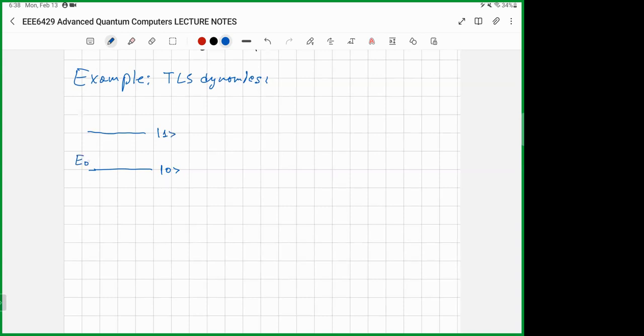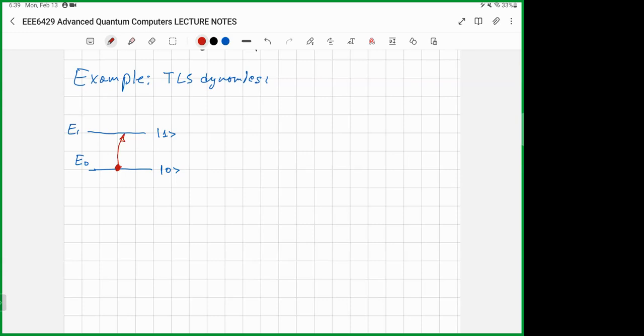I mean, its dynamics. So the qubit consists of two levels, level 0 and level 1. The level 1 is the excited state, and the ground state 0 gets the energy E0, the excited state gets the energy E1, and we have some sort of electron or oscillator that can transit between the ground state and excited state.